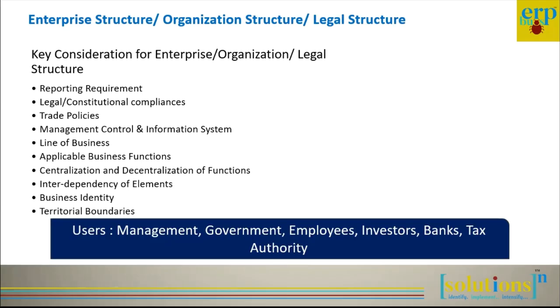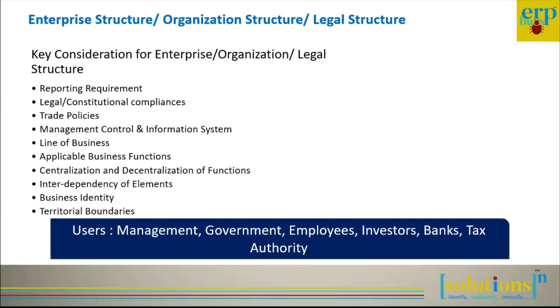If I do not have anything to sell, I am only manufacturing, and another entity of the same enterprise is selling, those kinds of decisions and information are considered at the time of designing the structure of an entity. And why is this important? Because the enterprise structure is the backbone of an ERP system. Without that, the ERP system will not work.